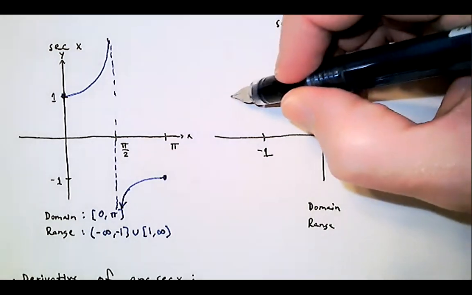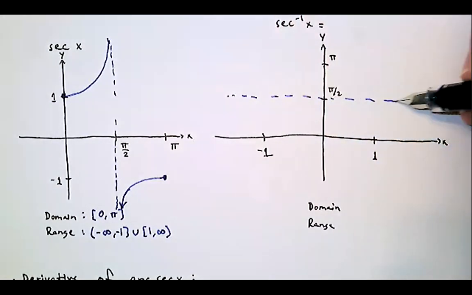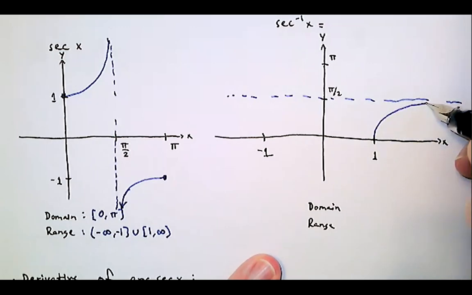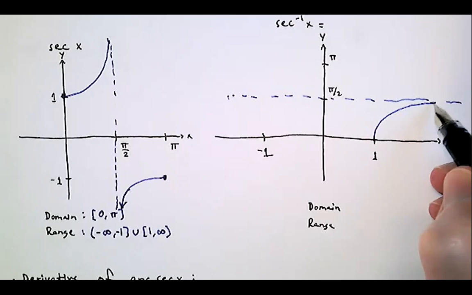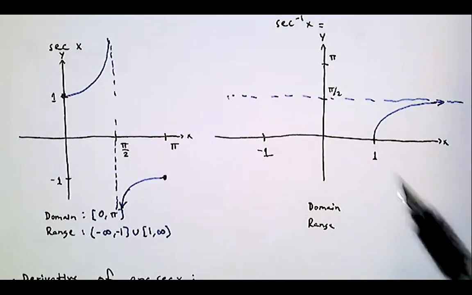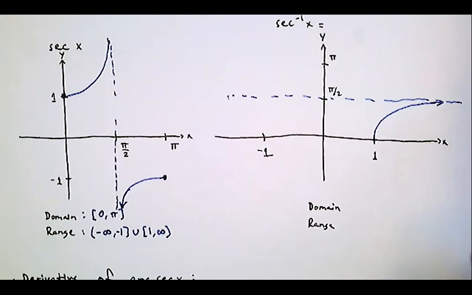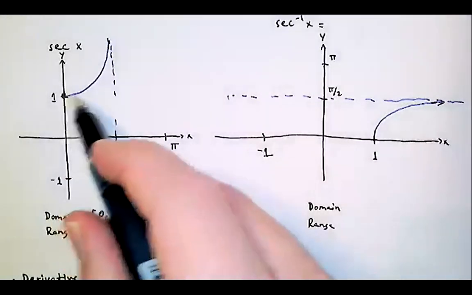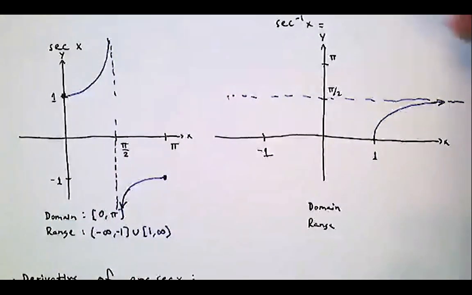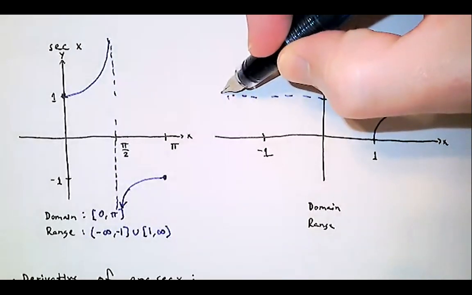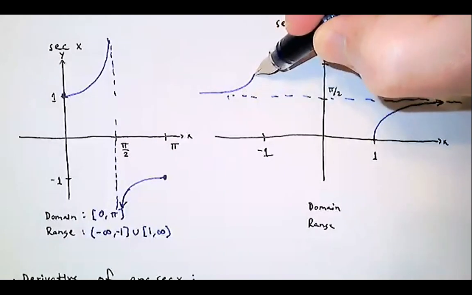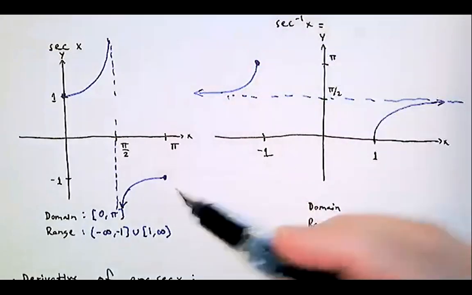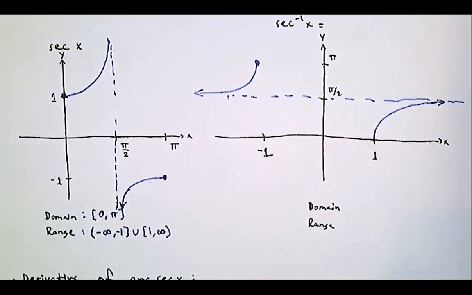Let's see, so there's a horizontal asymptote that we should sketch in at pi over 2. That corresponds to the vertical asymptote here. And then this goes up to positive infinity, just like this one went to, or as this one goes to positive infinity, it goes to pi over 2, which corresponds to this vertical asymptote. And then we get the horizontal asymptote here, which corresponds to this curve going down to minus infinity.